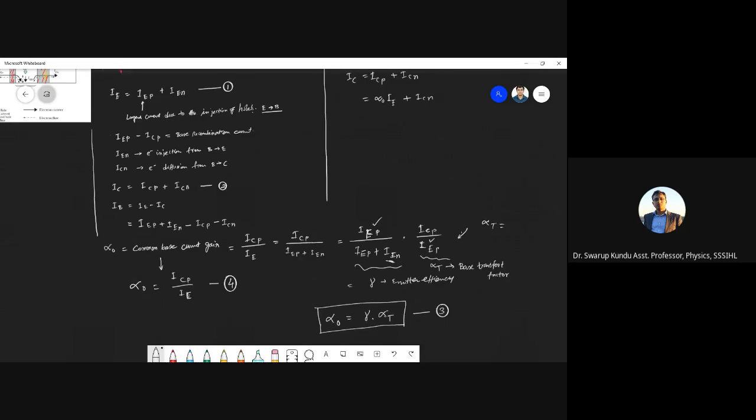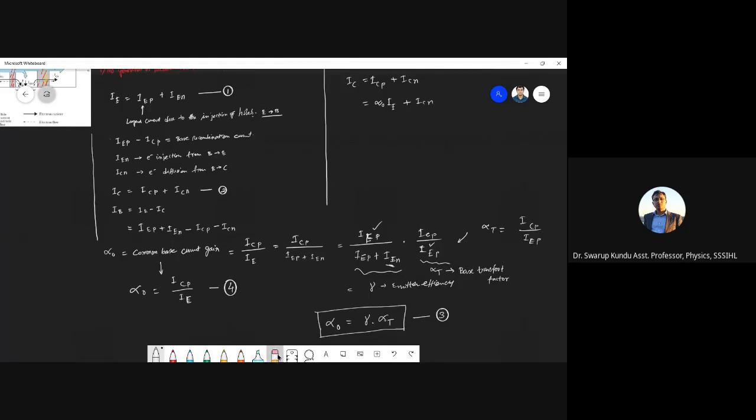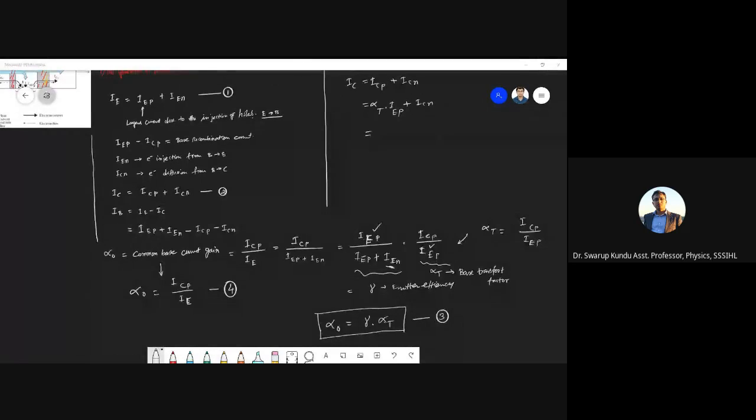Alpha T is equal to ICP by IEP, right? So we'll write it in terms of alpha T. Let me erase this. So from this equation, ICP will be alpha T into IEP, right? Everything is okay.